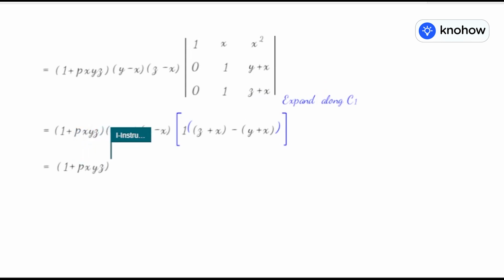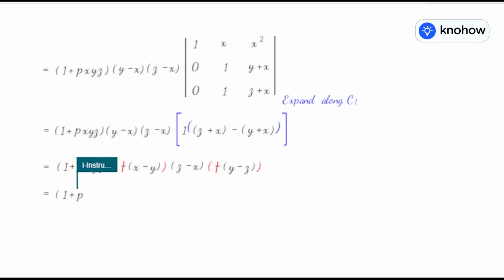From the factor y minus x, you take a minus common to make it x minus y, keeping z minus x as such. And when you open the bracket, the last factor you actually get is z minus y, so you take minus common to make it y minus z. Now the minus and minus cancel, so you get 1 plus pxyz, and from the rest of the factors you have x minus y, y minus z, and z minus x, which is the required right hand side.